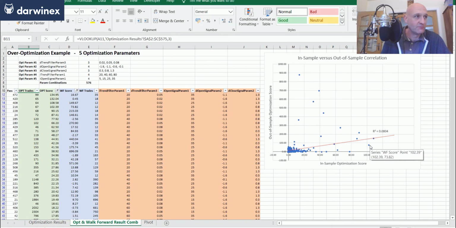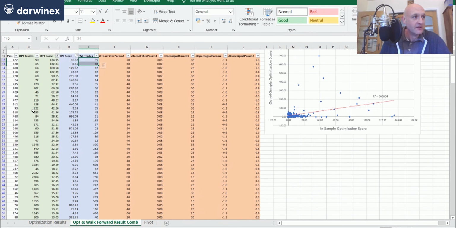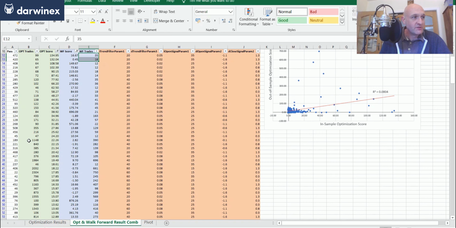initial optimization. But looking closer at the data for these 2 points on the right hand side, again we can see that both in the optimization and in the walk forward phases, the sample size is very low. So these results are not very trustworthy, and we'd be in a position here where we'd be trying to look down these results until we found something that was more substantial in terms of the sample size.